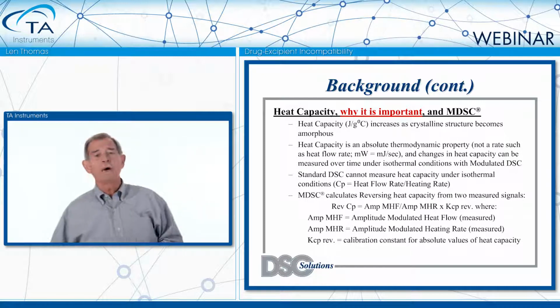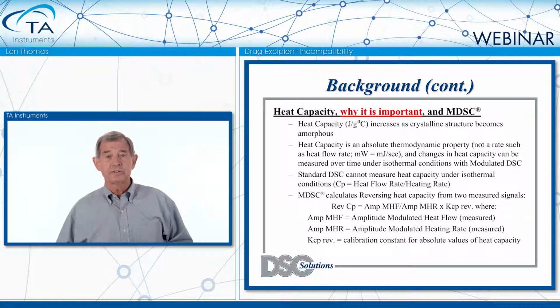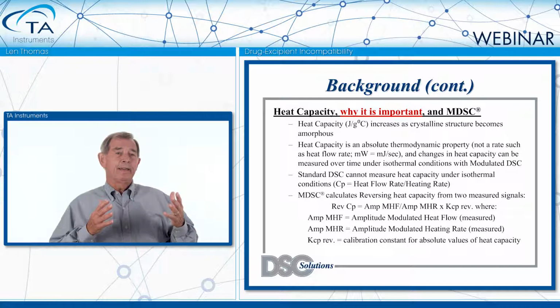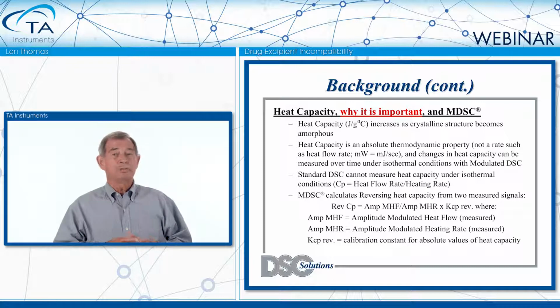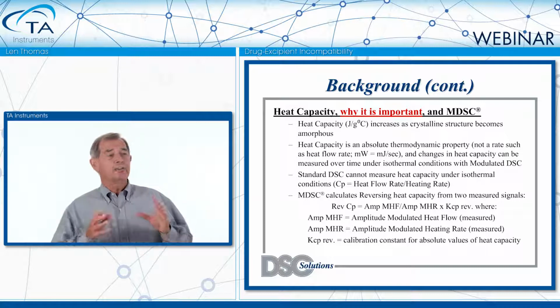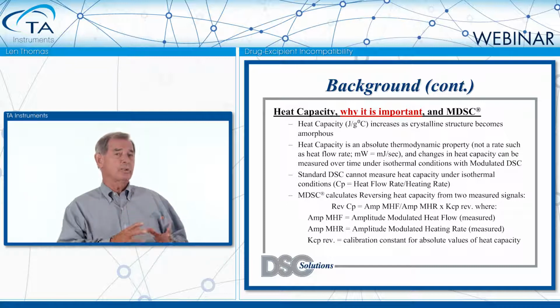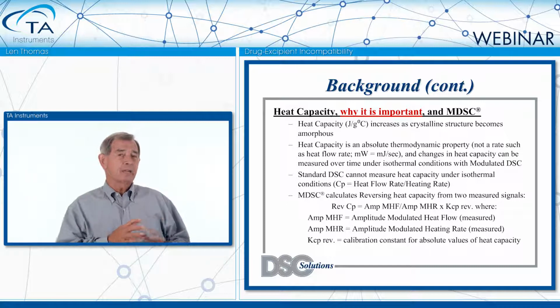Now let's talk about why we want to measure heat capacity. We're dealing with a crystalline drug, or we're dealing with a crystalline excipient. One of the two materials needs to be crystalline, the drug or the excipient, in order to use this methodology. Okay? And so if we start with a crystalline drug and there's chemical interaction, what happens is we start to break bonds, and the crystalline structure becomes amorphous.